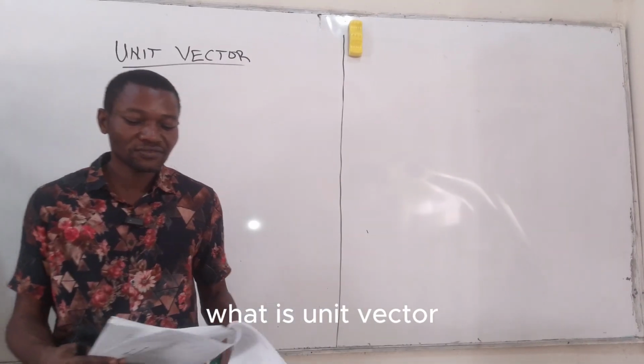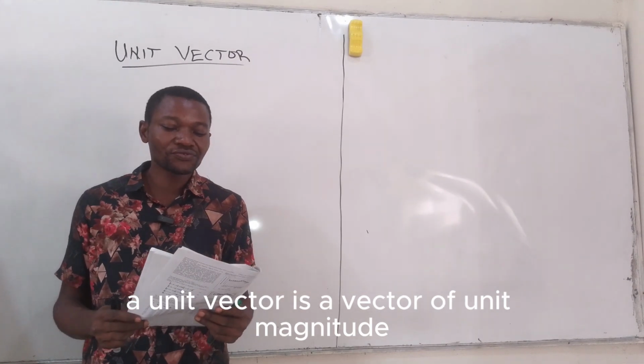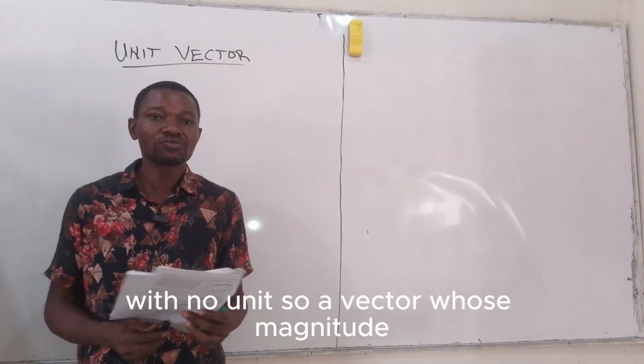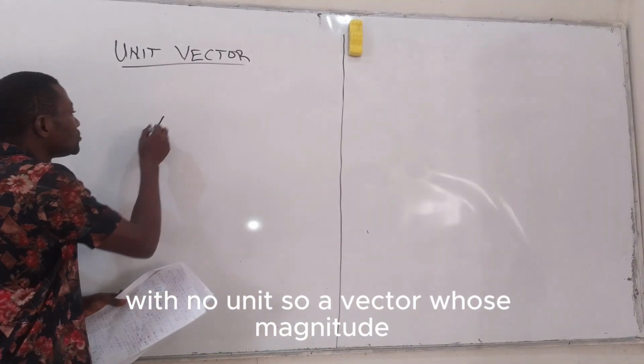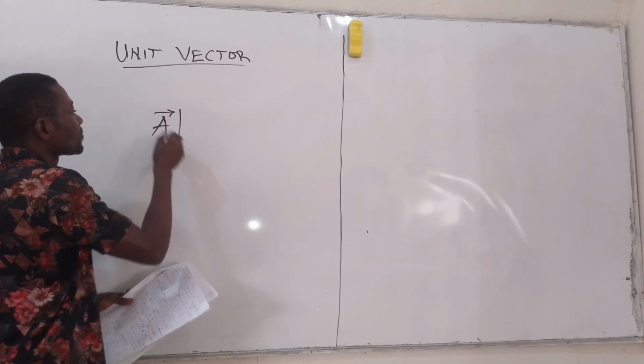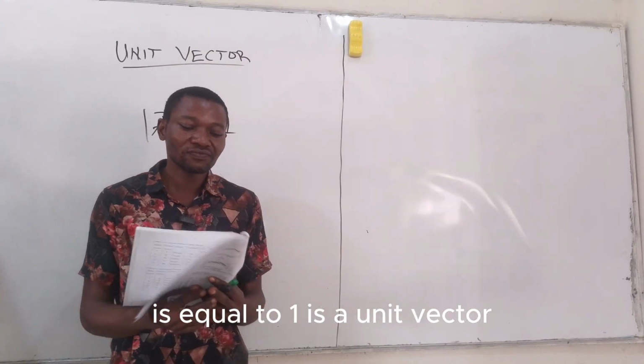What is a unit vector? A unit vector is a vector of unit magnitude with no unit. So a vector whose magnitude is equal to 1 is a unit vector.